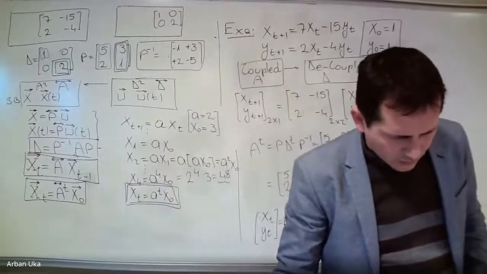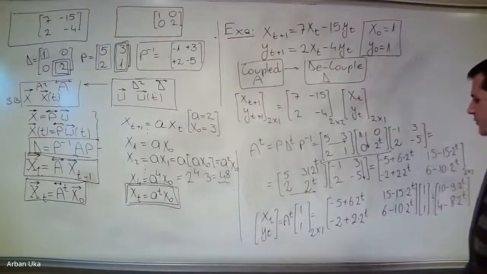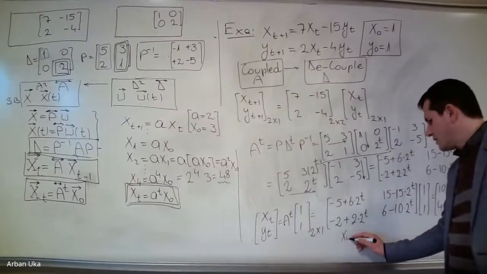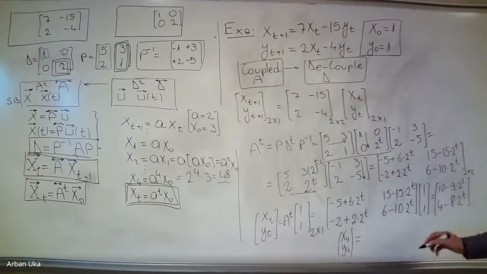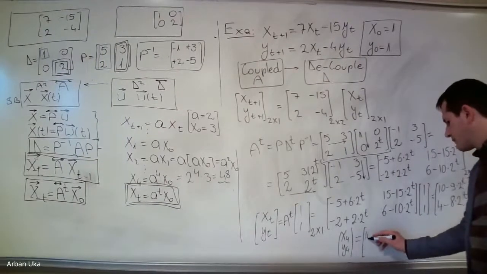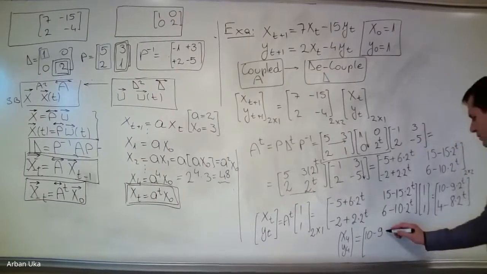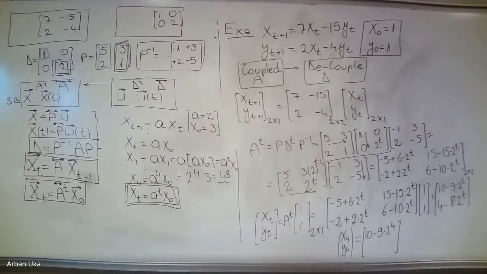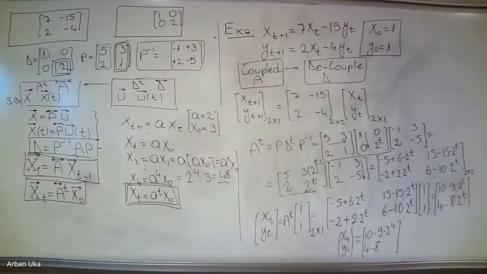So if we want to know what is the number x and y at the time frame t equal to 4, let's check, for example, what is x4, y4. This will be equal to 10 minus 9 times 2 to the power 4, and 4 minus 8 times 2 to the power 4.